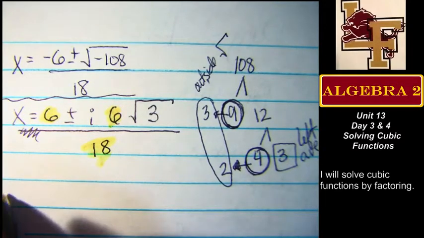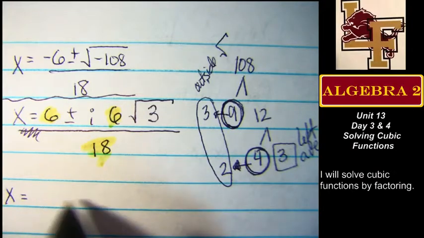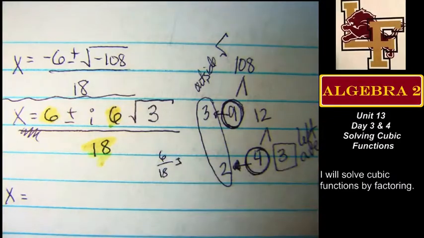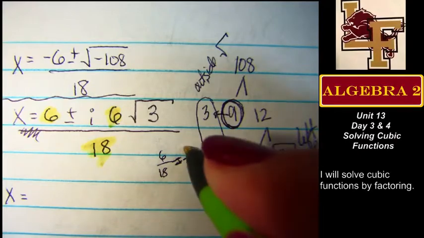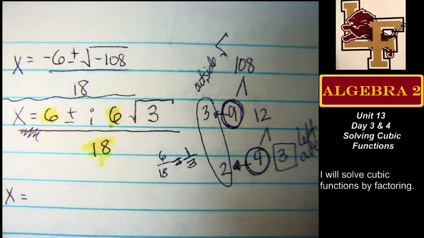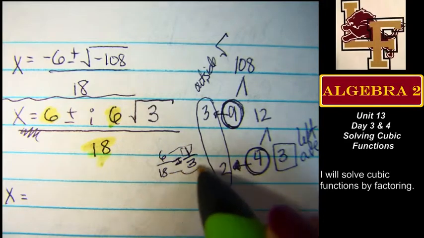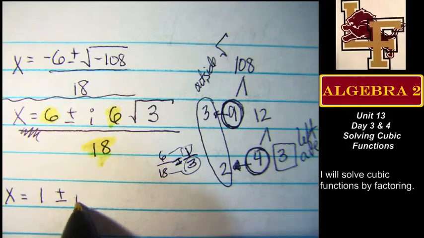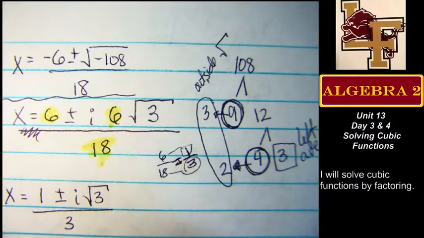When I simplify 6 over 18, it reduces down to 1 over 3. So all the 6's turn into 1's, and all the 18's turn into 3's. And that's as far as I can go.